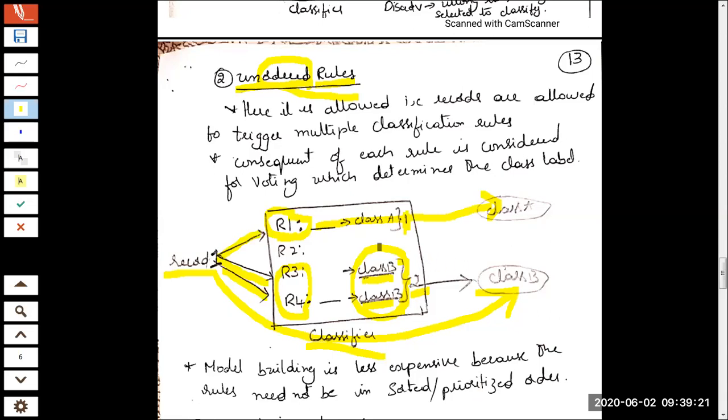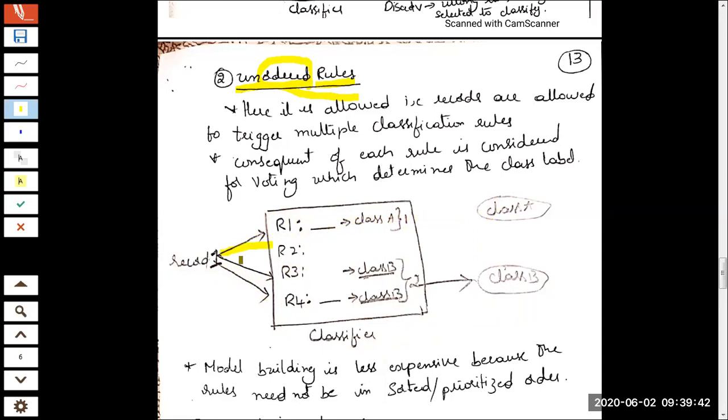Hope you understood unordered rules. The bottom line here is, in unordered rules, a record which is generating a conflicting situation, meaning that it is triggering multiple rules, the classifier should decide to which class it should go and sit.